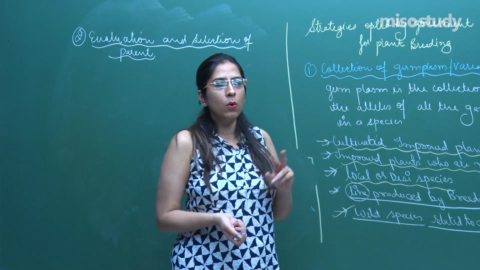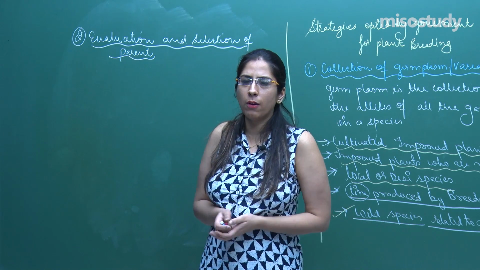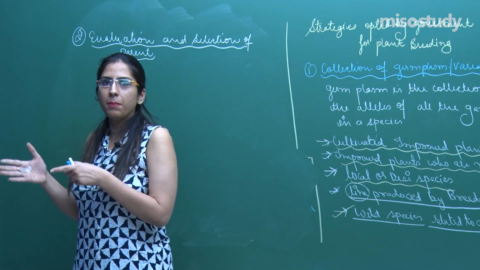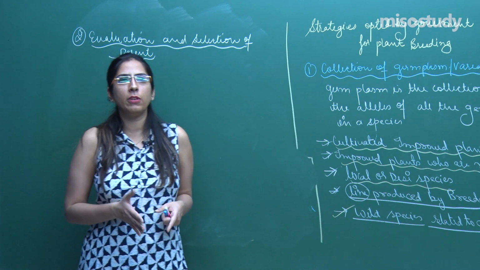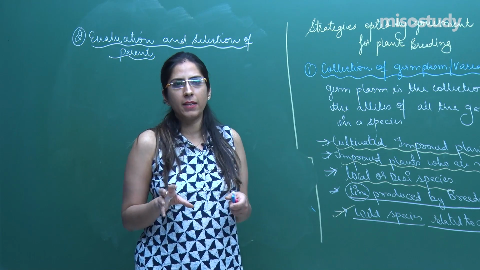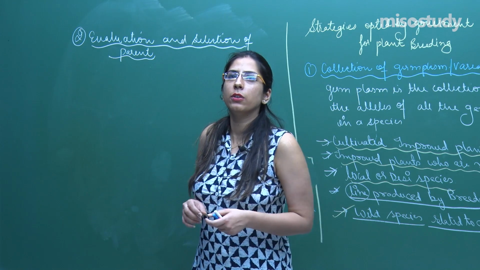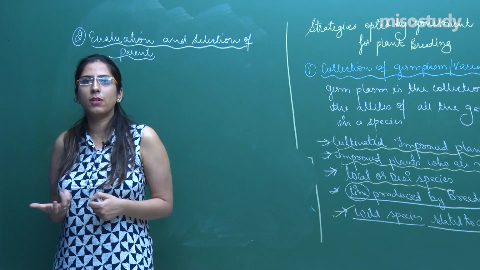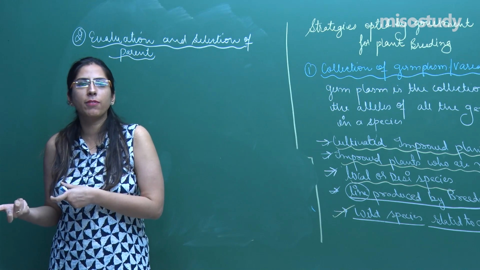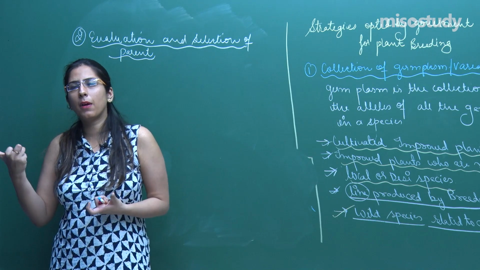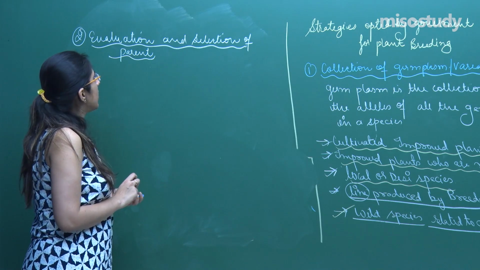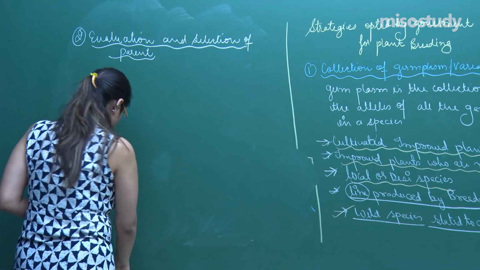Basically two or more of these parents are selected. One is chosen for the male and another is chosen for the female in case the plant is bisexual. In case it is unisexual, then we cannot define whether we need a plant with a male or the female. Let's talk about the second, evaluation and the selection of the parents.